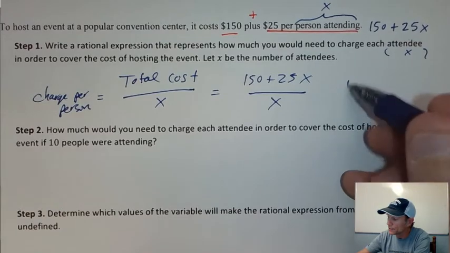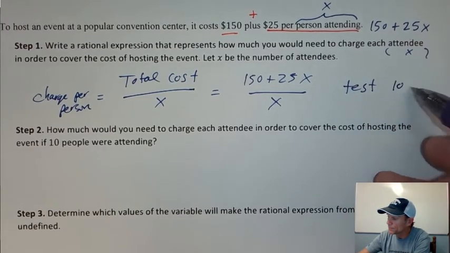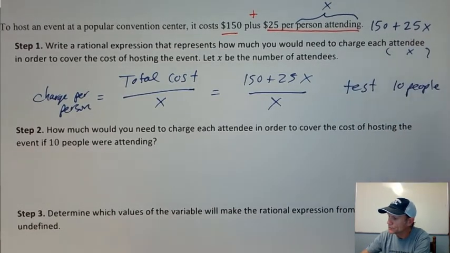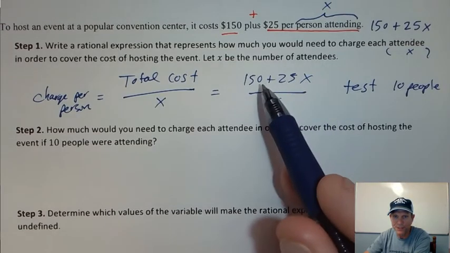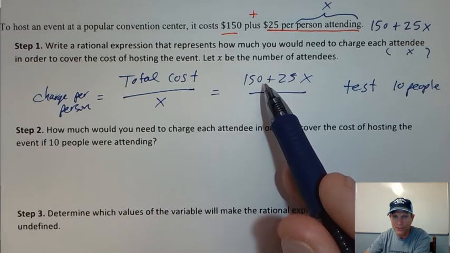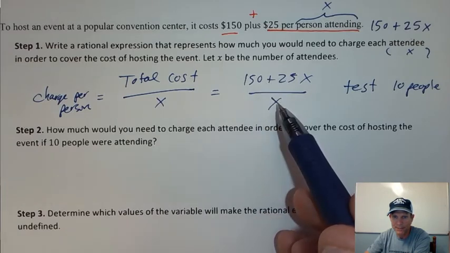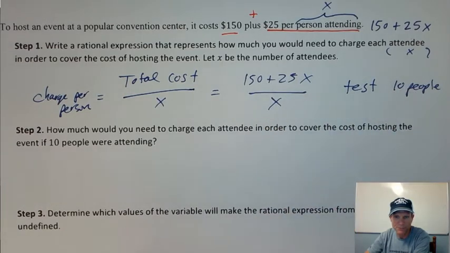You could test that with 10 people. If you put 10 in, you have 250 plus 150 is 400. 400 divided by 10, you'd have to charge each person $40.